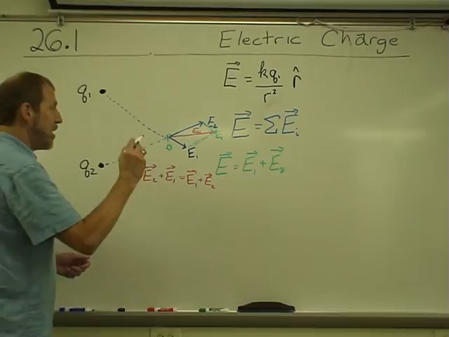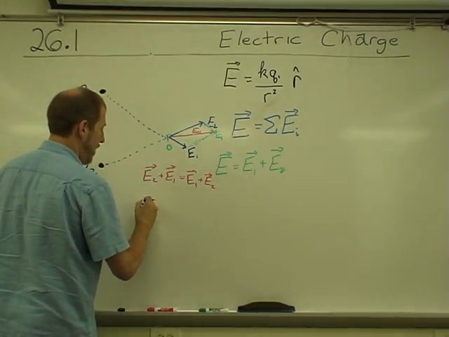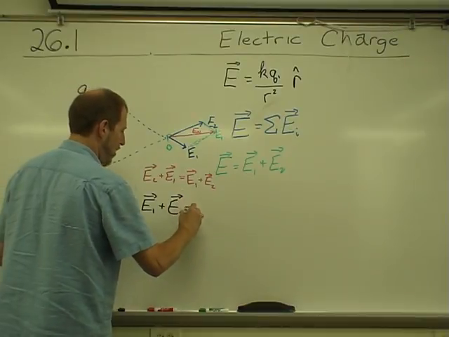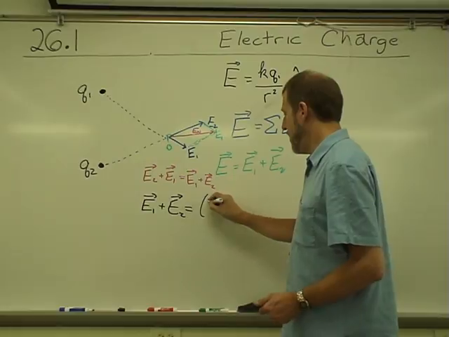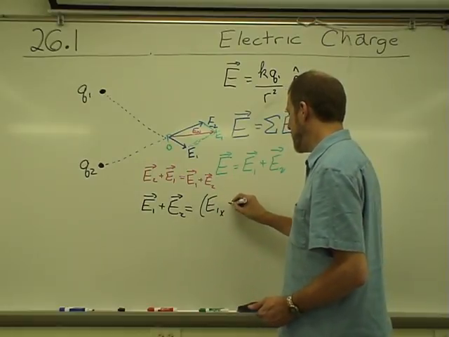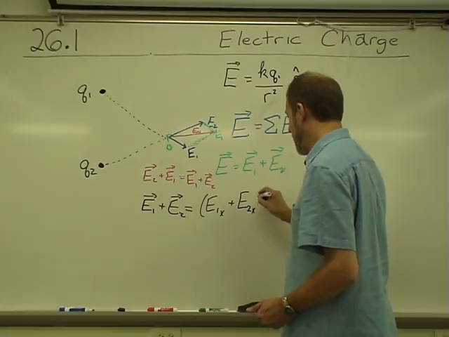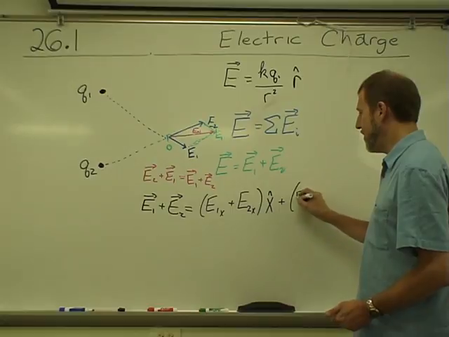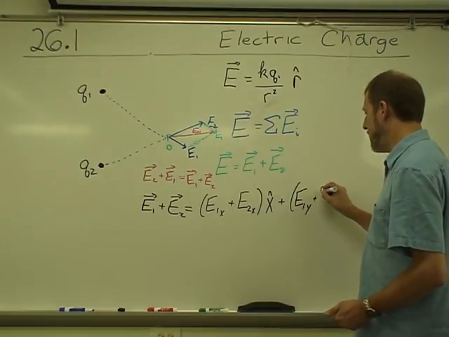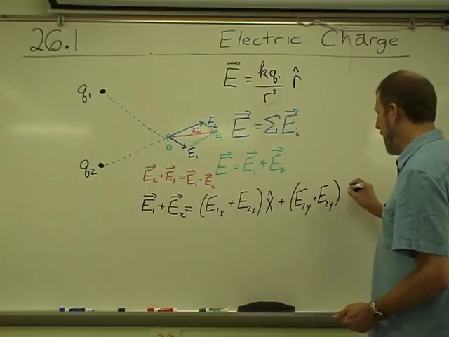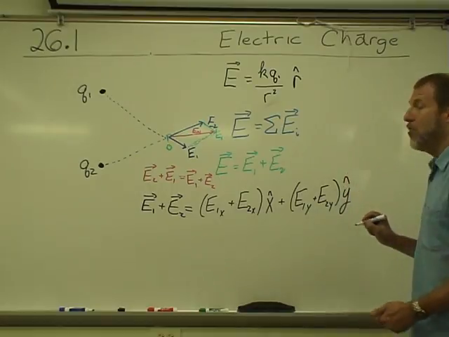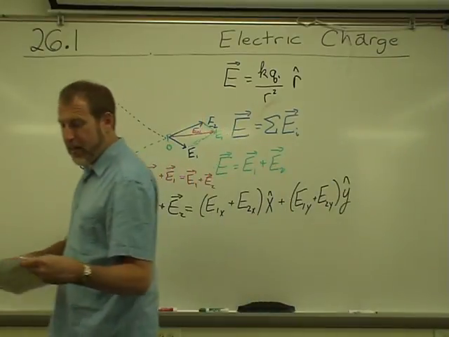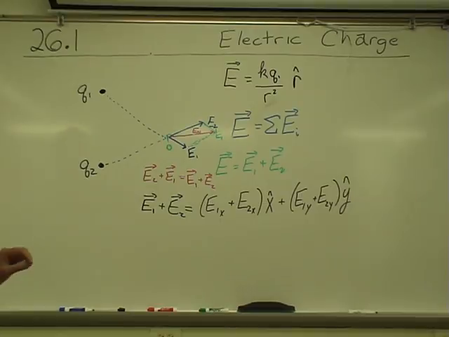And if I happen to have that in component form, then E1 plus E2 is equal to E1 in the x direction plus E2 in the x direction, plus E1 in the y direction plus E2 in the y direction, and that finds a component in, surprise, the y direction. Very helpful, hopefully very straightforward, and yet it's going to lead us to a great deal of useful circumstances.